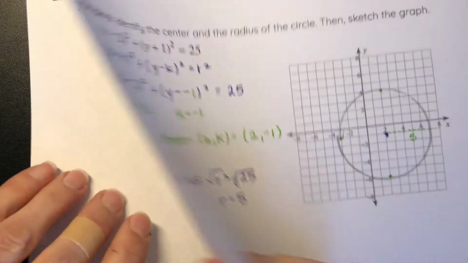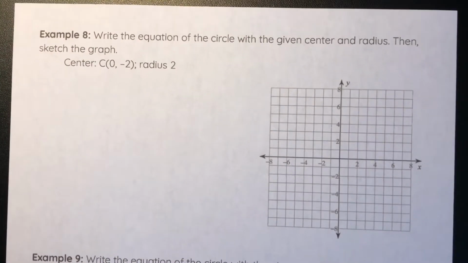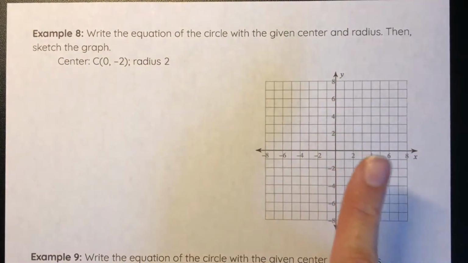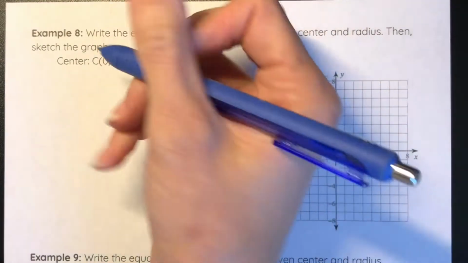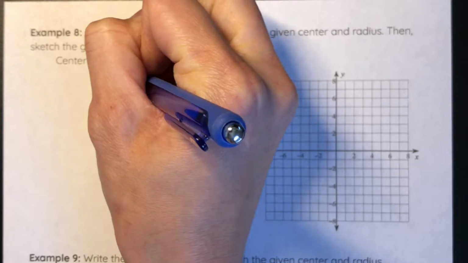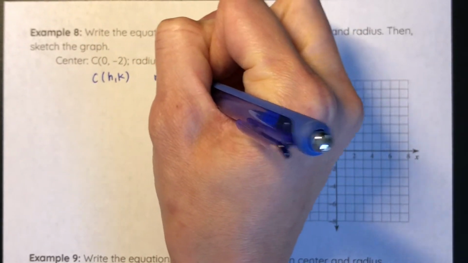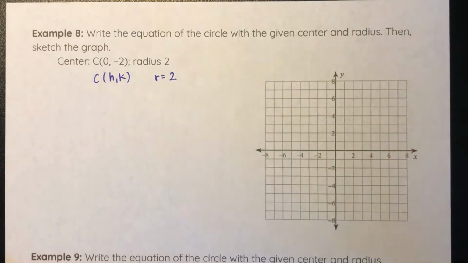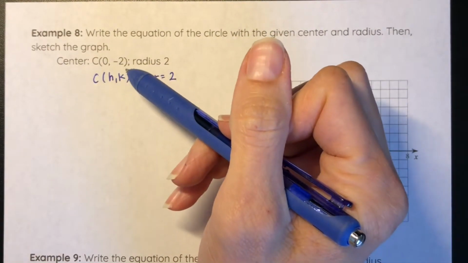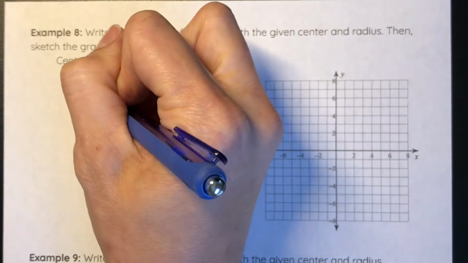We'll go ahead and go over 2 more examples of our last skill for this lesson, which is to write an equation and then graph. So we know again from our work today that our center is always h, k, and then our radius is r in our standard form of our equation. So since we're given the center, we can go ahead and identify what h and k are.